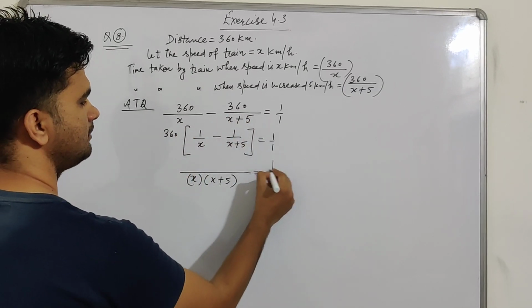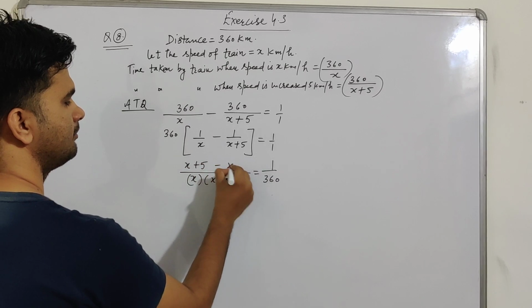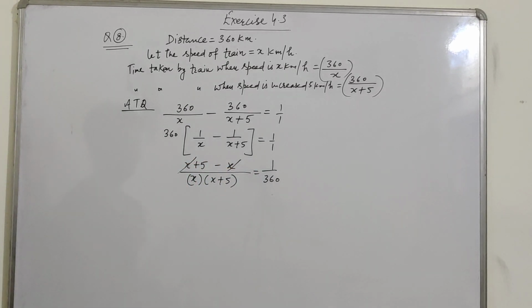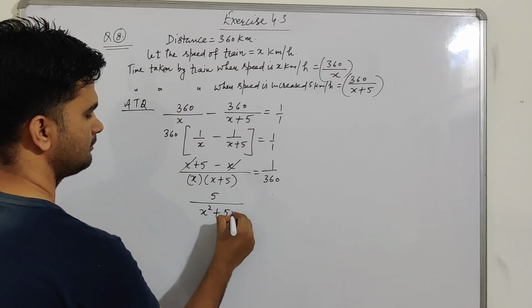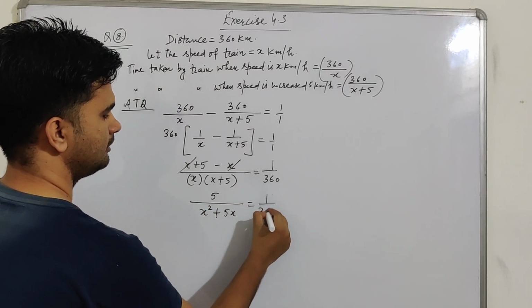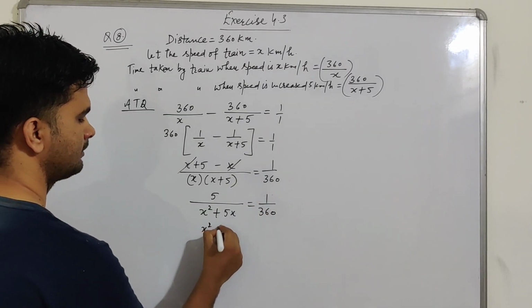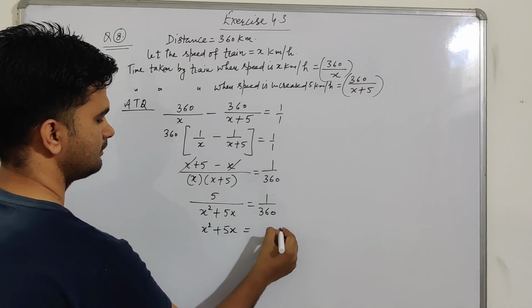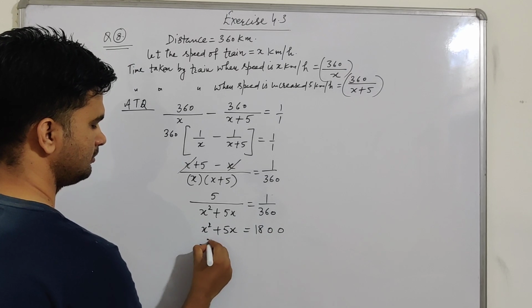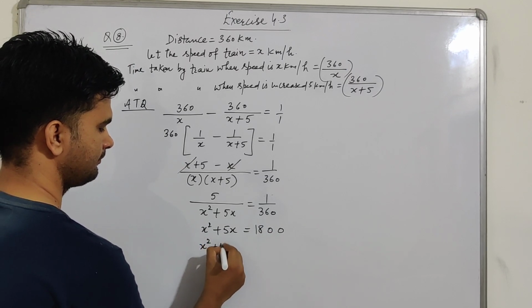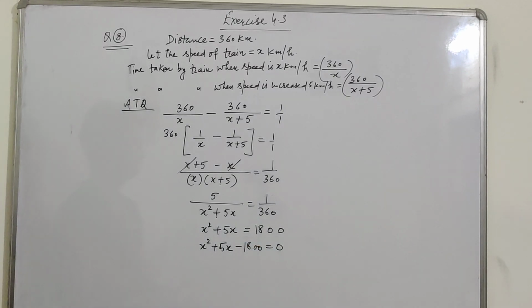This 360 is multiplying, here it will divide, so x plus 5 minus x, then 5 over x square plus 5x is equal to 1 over 360. Now cross multiply, so x square plus 5x minus 1800 is equal to 0.